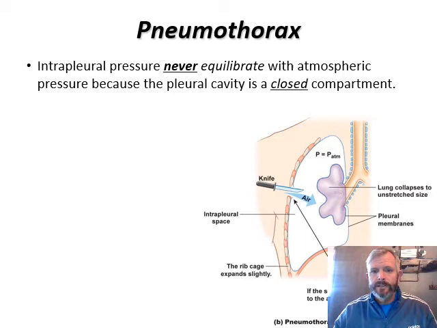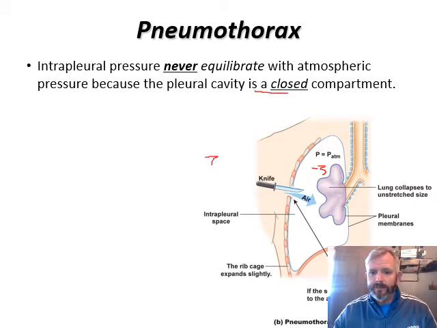All right, and this is what we see. This is a closed space. This lung is a closed space. But remember the intrapleural pressure was a negative 3. So it's below atmosphere. Here's the case in which the compartment gets open. What's the pressure here?